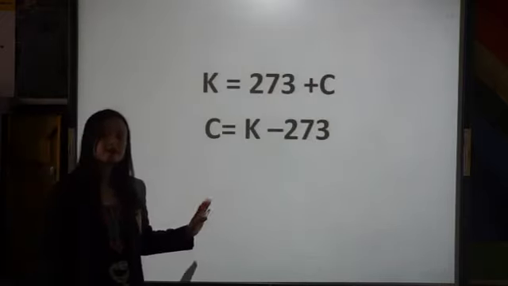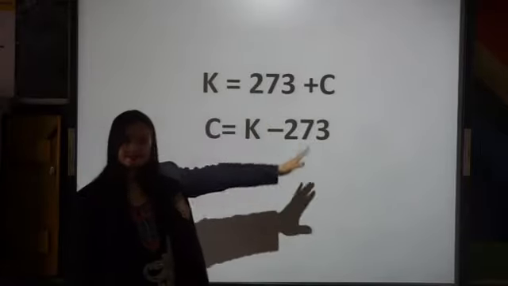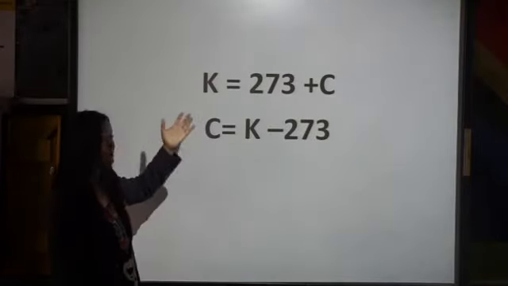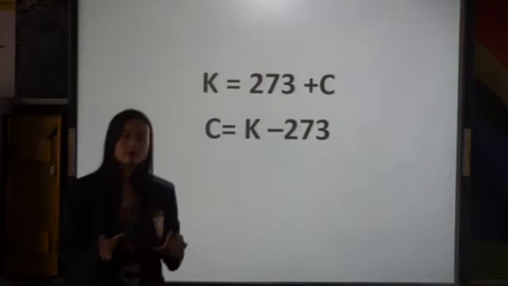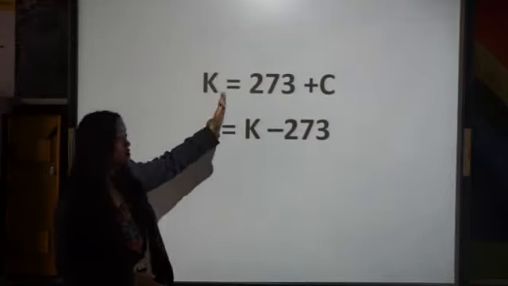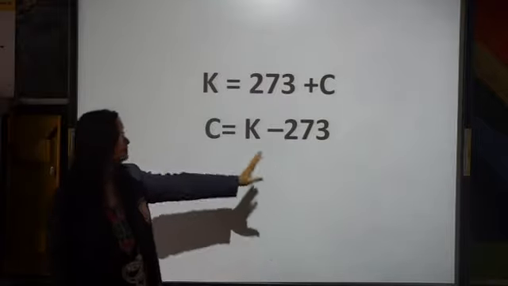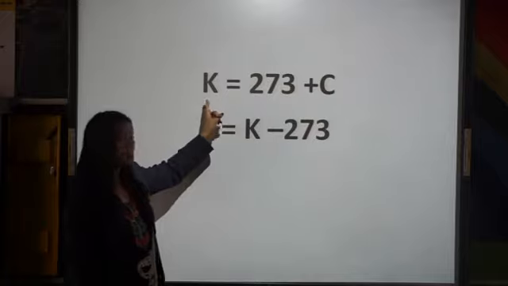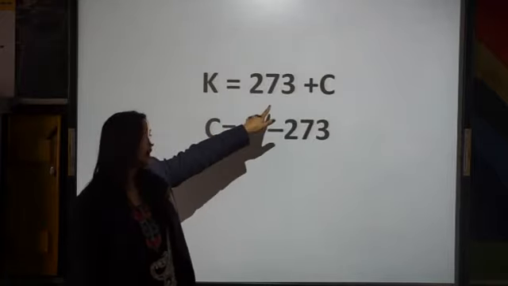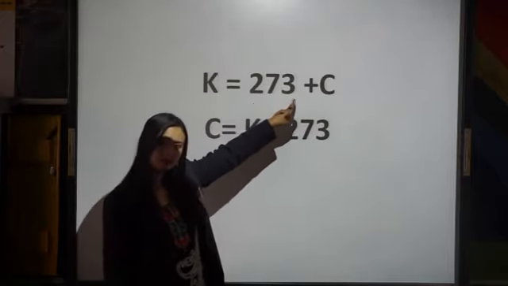Now this is the relation between Kelvin and Celsius. We have a relation with Kelvin and Fahrenheit also, but that is not there in your syllabus, so I have just chosen Kelvin to Celsius. It's very easy. If you are converting Celsius to Kelvin, what you have to do? You simply have to add 273.